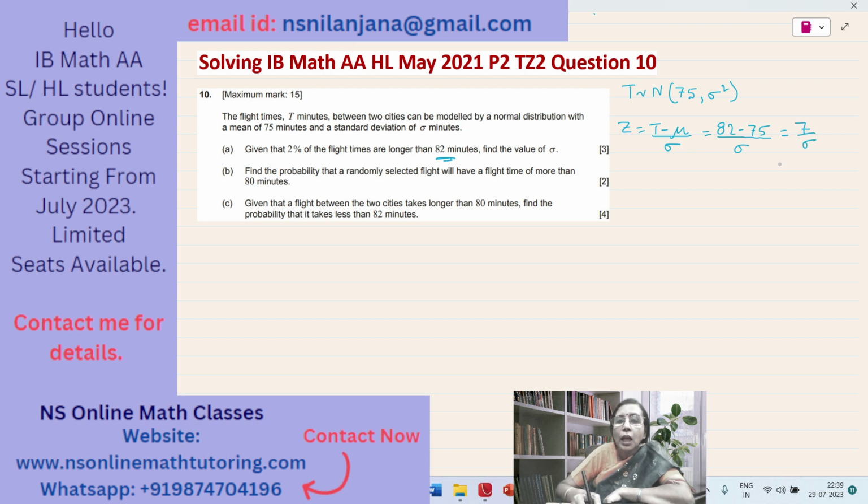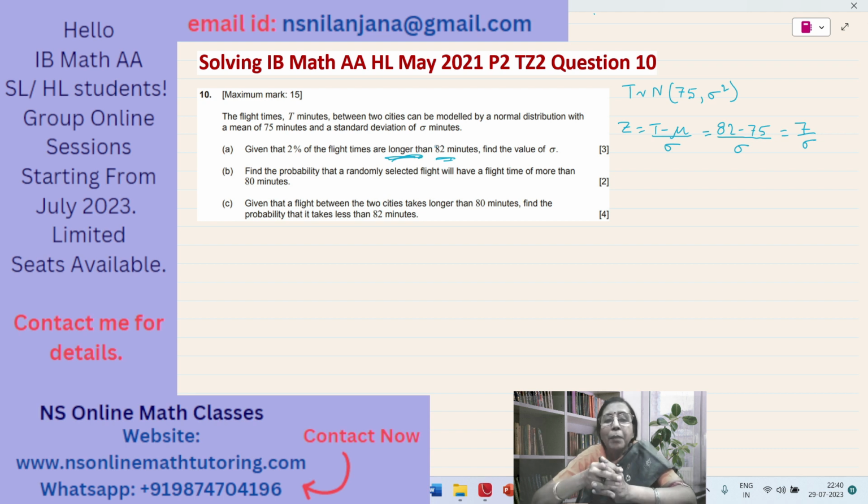Now, there is another part we have to consider. They have said that 2% of the flight times are longer than 82 minutes. In the inverse normal function, we always give the probability, not the percentage, so we divide by 100.